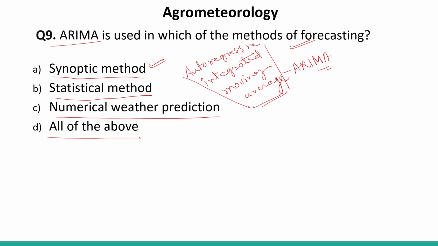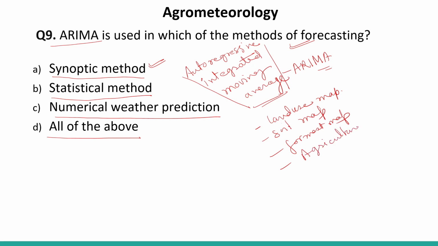That is the land use map, soil map, forest map, agricultural based map. So different types of maps can be created by the synoptic method. Now, the statistical method.